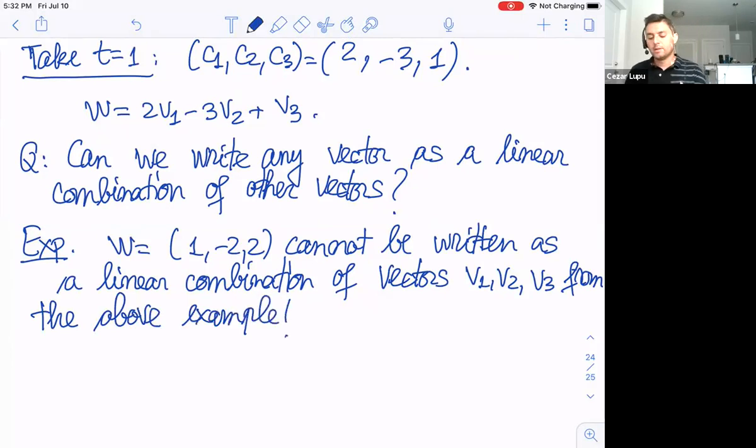In other words, there is no way I can find C1, C2, C3 such that, so the question is, can we find C1, C2, C3? Well, we already answered the question, because we've said that this cannot be written as a linear combination of vectors.